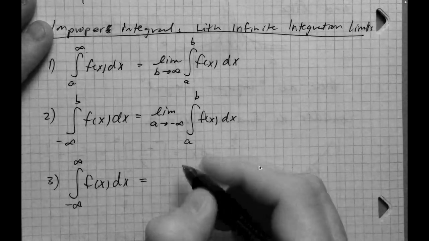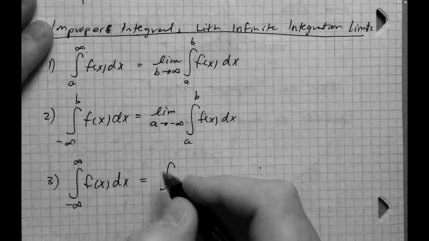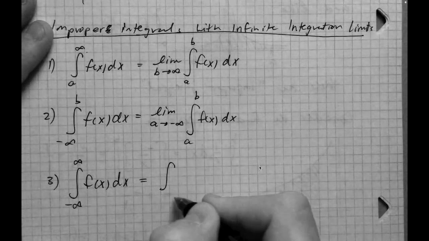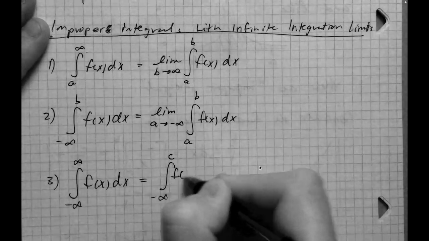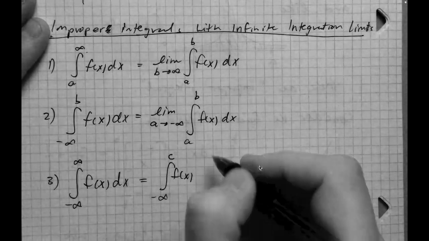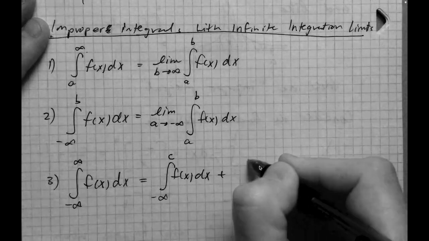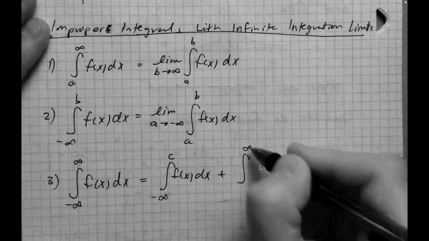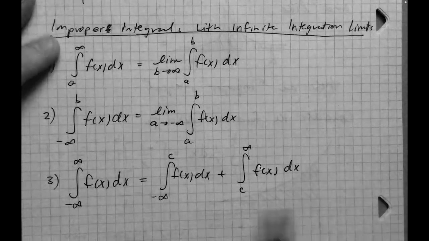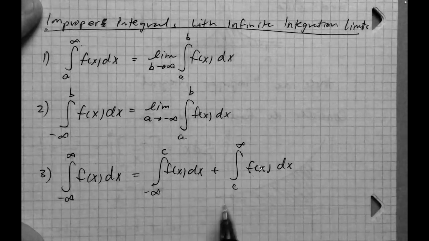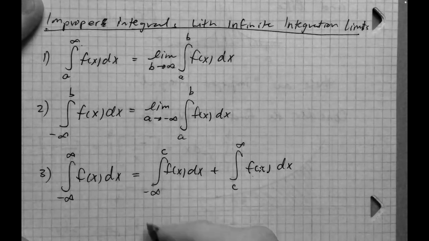Well, then we break it into 2 pieces. We consider this from negative infinity up to some finite value c, plus the other end, from c up to infinity of f of x.